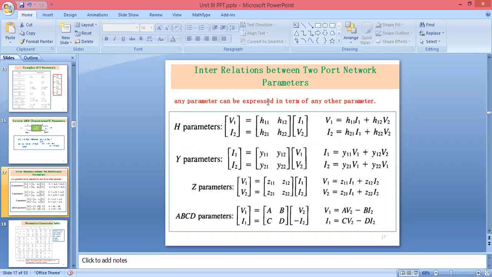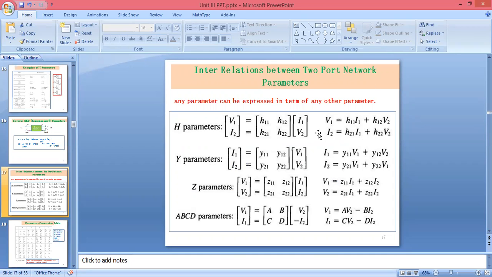It means we can convert any parameter into the other parameter, because we are having the formulas for H parameter, Y parameter, Z parameter, ABCD parameter, inverse ABCD parameters, and inverse hybrid parameter. We are having the 6 combinations, and we are getting the equations for all these dependent variables.